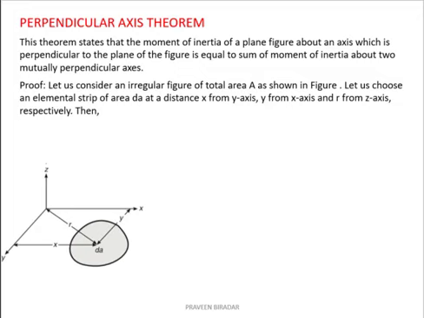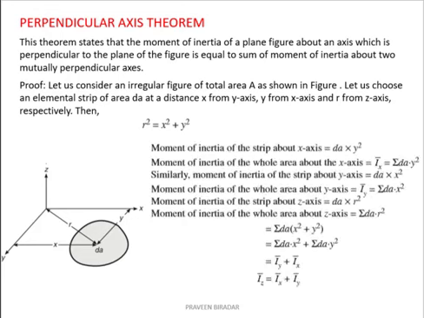Let us consider an irregular figure of total area A as shown in the figure. Let us choose an elementary strip of area dA at distance X from the Y-axis, Y from the X-axis and R from the Z-axis respectively. Since these are perpendicular, R square equals X square plus Y square.